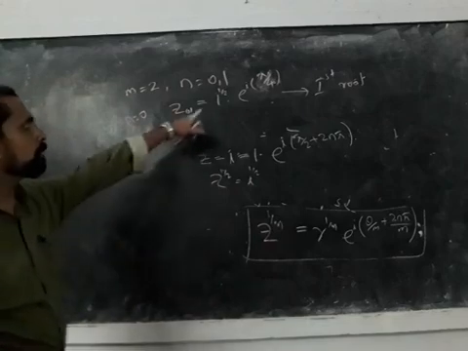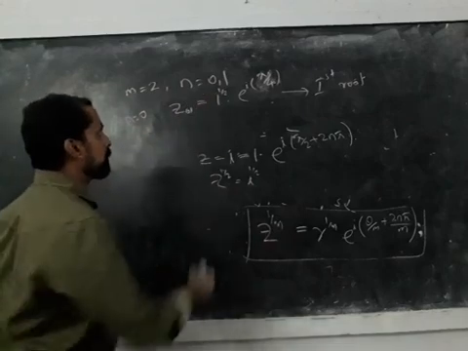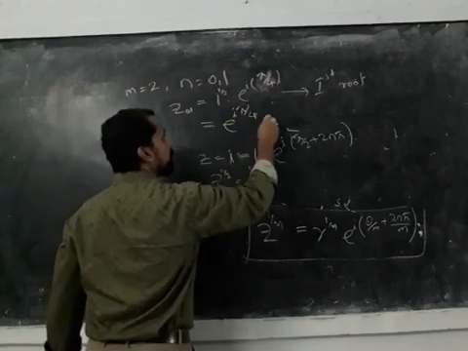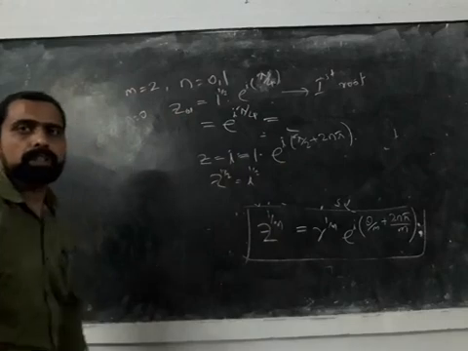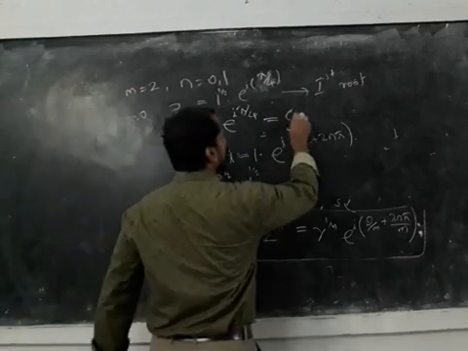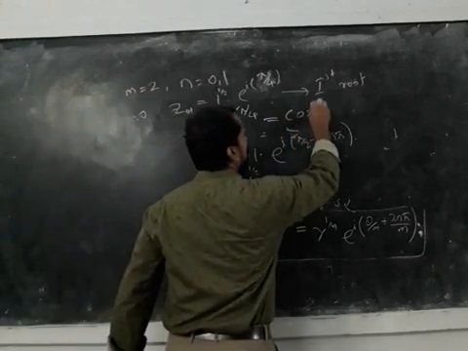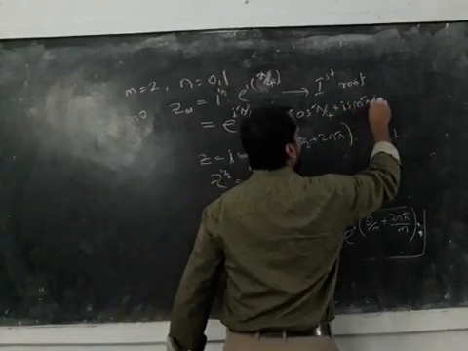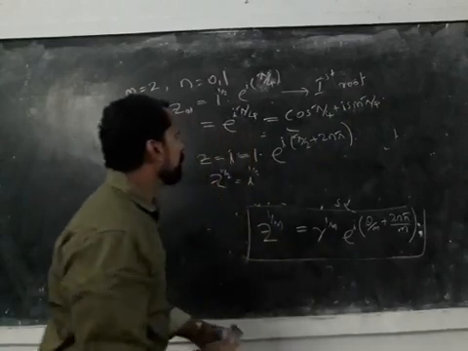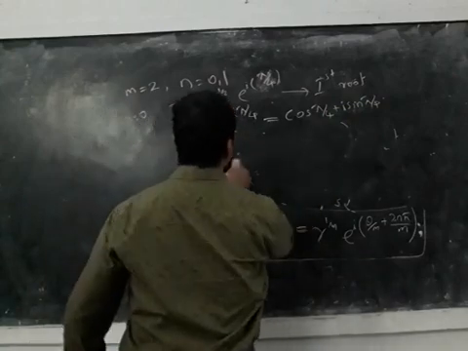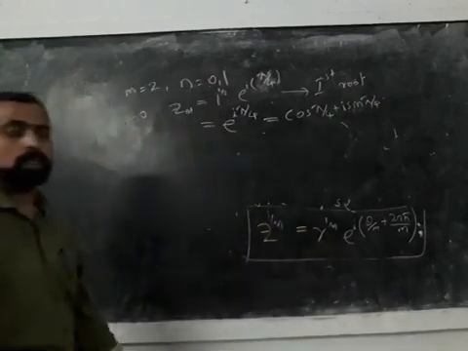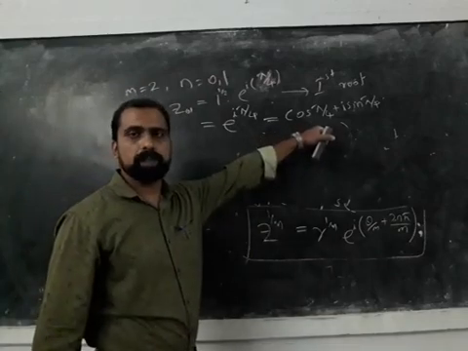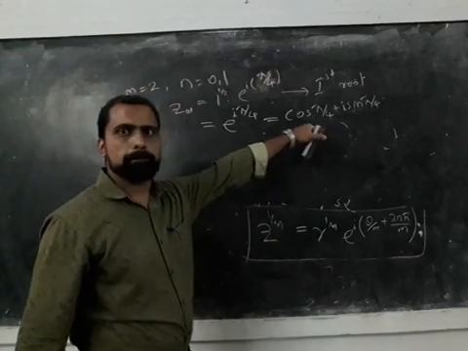Now 1 raised to half is 1. So this is e raised to i pi by 4. Using your Euler formula, you can write it as cos pi by 4 plus i sin pi by 4. Cos pi by 4 is nothing but 1 by root 2, and sin pi by 4 also gives the same value, 1 by root 2.